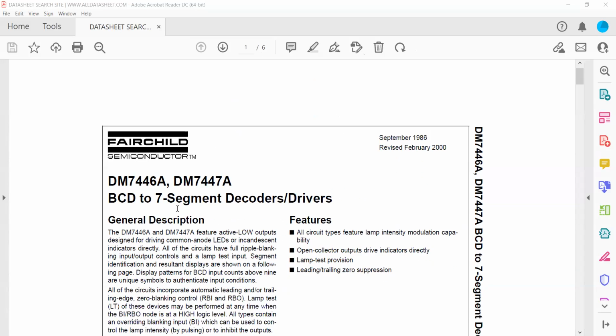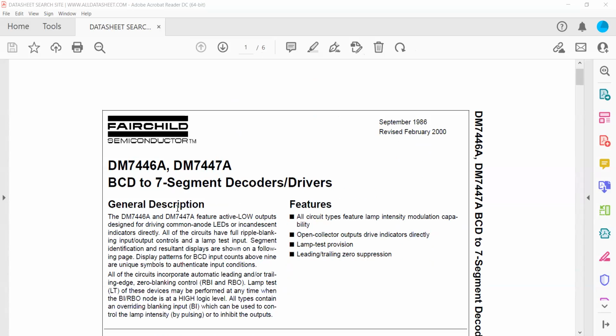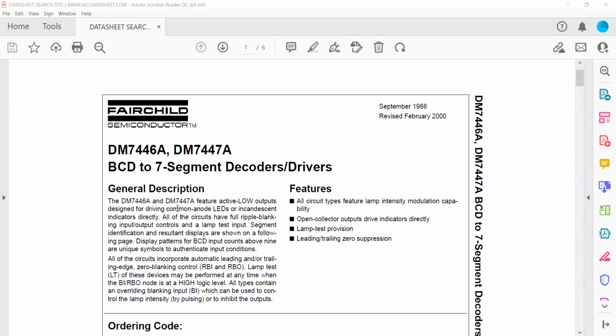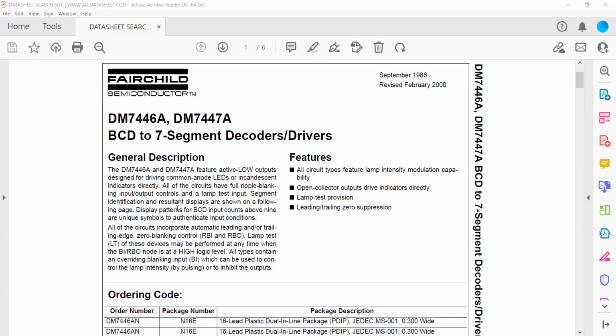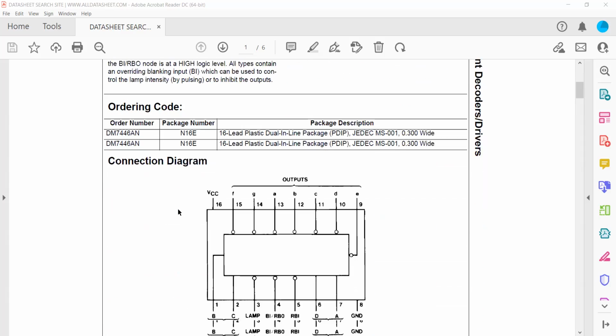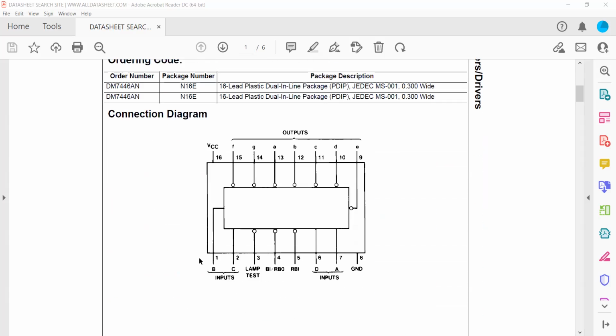The manufacturer is Fairchild, and they developed this one in 1986. This is a BCD to 7 segment decoder IC, and these are the number of pins. You can see this is a 16-pin chip, 16-pin IC. It's a very small one.